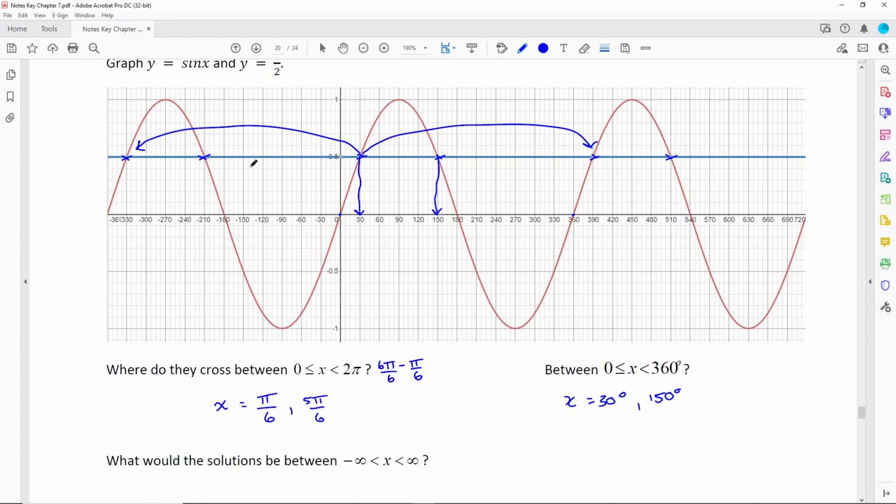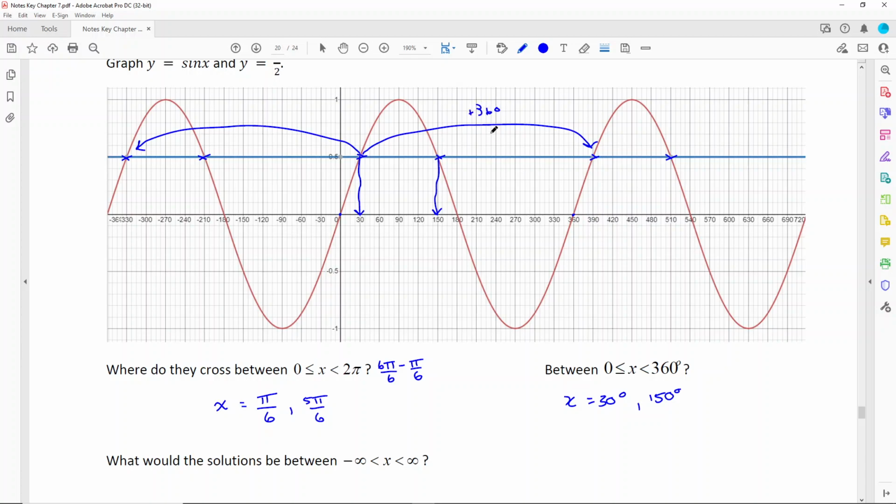If I wanted to give you a general equation saying this 30 degrees is happening every cycle of sine, I'd have to determine how long a cycle is. Well, this answers at 30 degrees, and this answers at 390. How long does it take for one cycle of a sine graph to complete? Well, we know it's every 360 degrees.